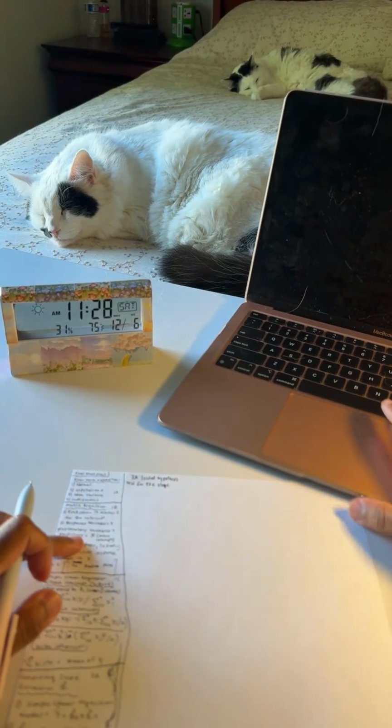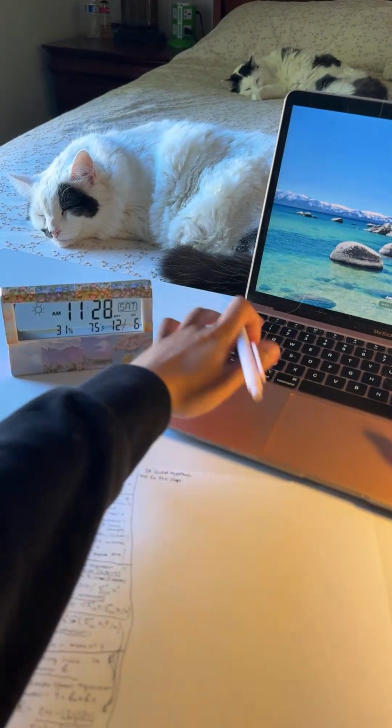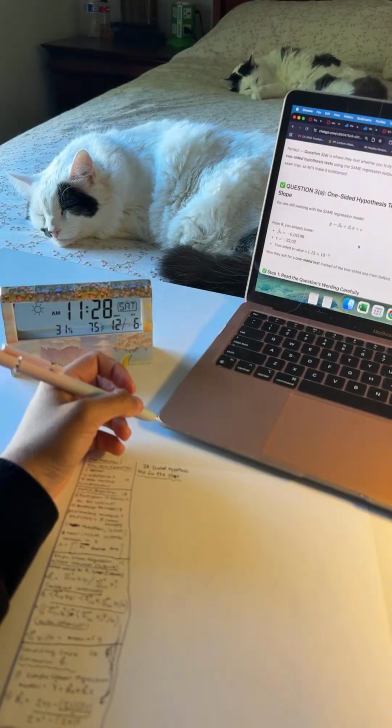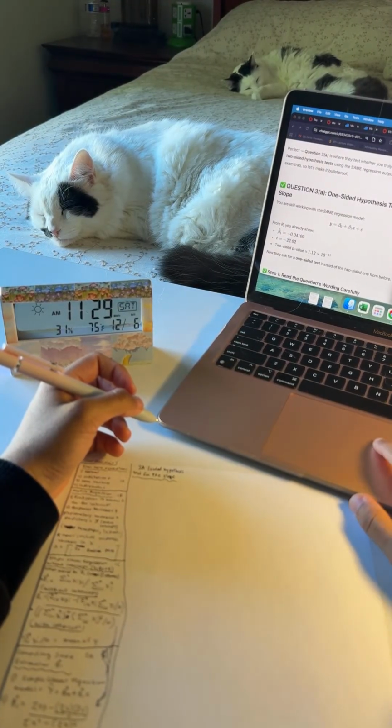Alright. So, we're still looking at the same regression model.